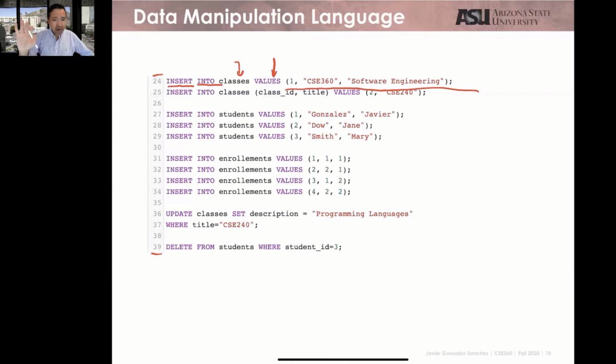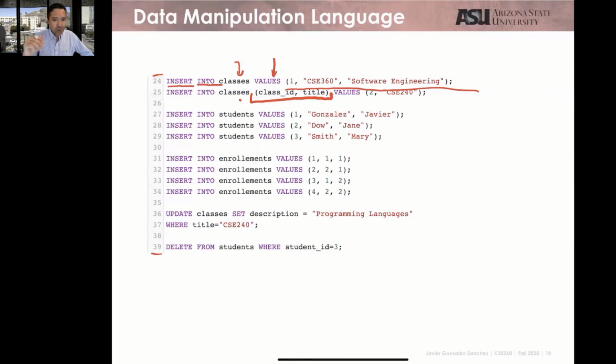Now, if for any reason I do not want to put values in all the columns, insert into classes, and I can put here, after the name of the table, the columns that I am going to use. In this case, I am going to insert into the table classes, but I am only going to use the column class ID and the column title.